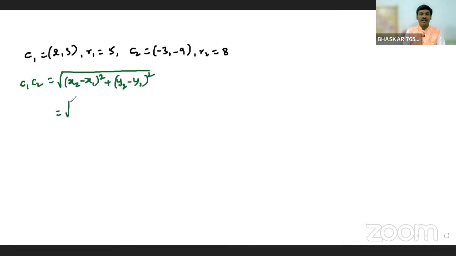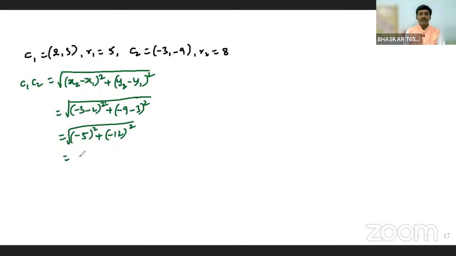So root of minus 3 minus 2 whole square plus minus 9 minus 3 whole square. Minus 3 minus 2 is minus 5, whole square is 25; minus 9 minus 3 is minus 12, whole square is 144. 144 plus 25 is 169. Root 169 is root of 13 square, so we get 13. C1 C2 is equal to 13.